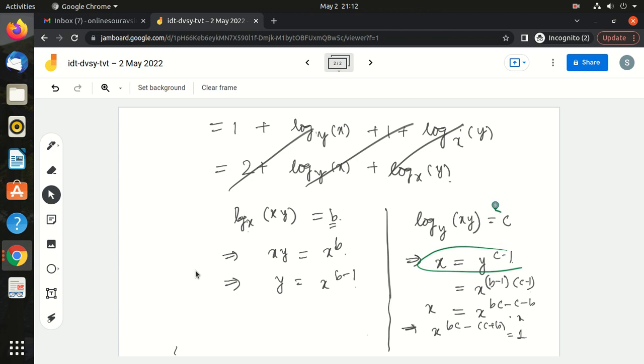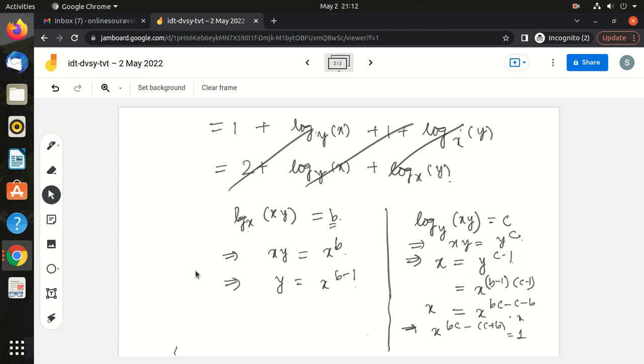From this line, what you get, x equals y to the power c minus 1, just by similar calculation. In between, there will be this line only: xy equals y to the power c. If you divide both sides by y, you get x equals y to the power c minus 1.